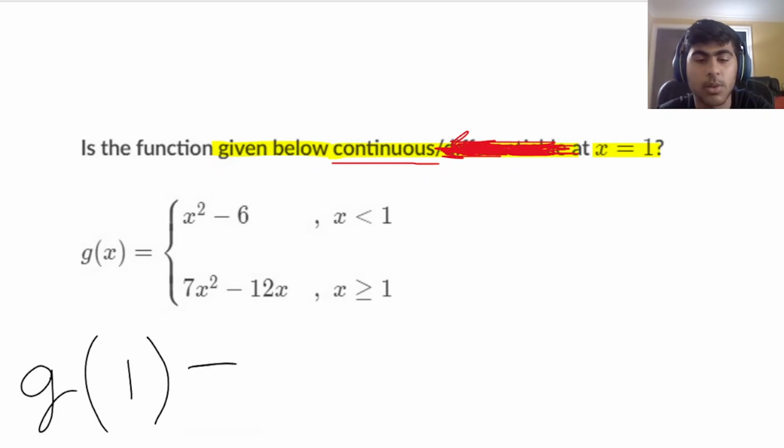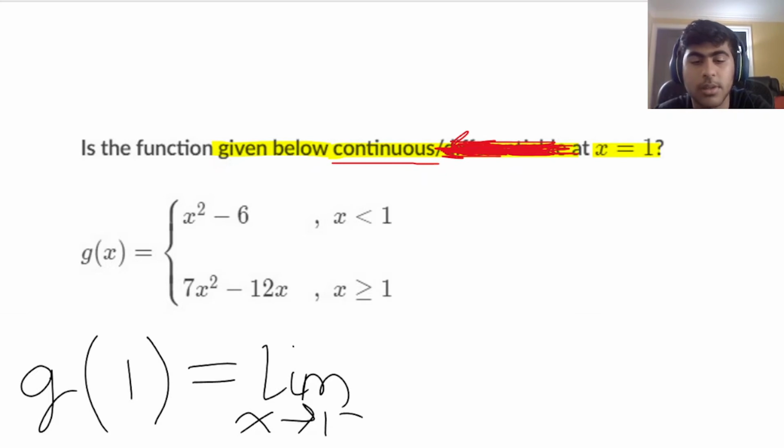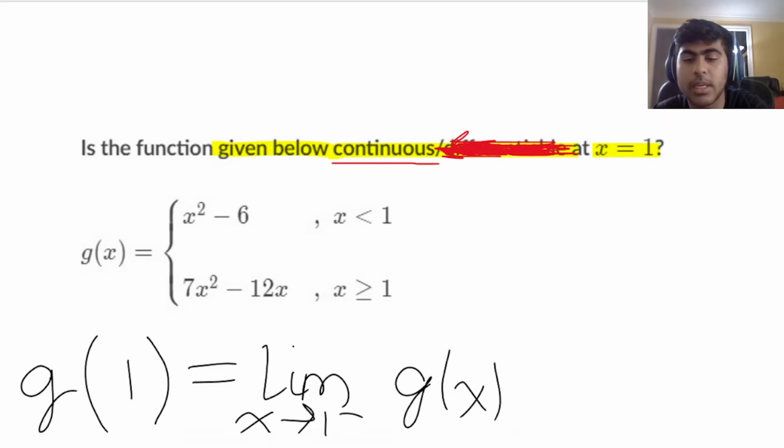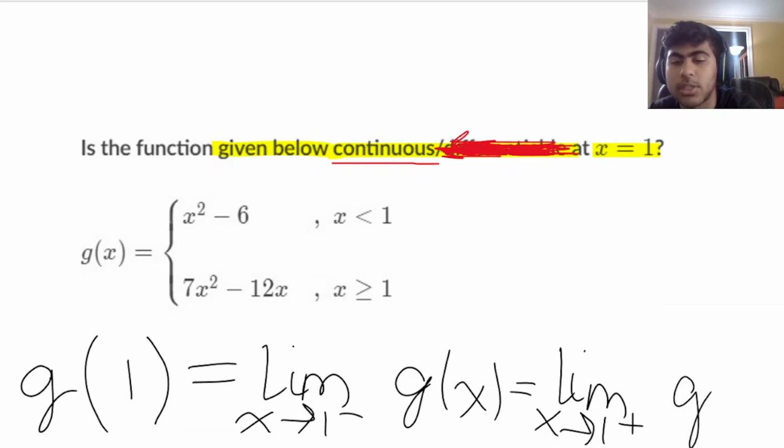That has to be equal to the limit as x approaches 1 from the negative direction of g of x. And that to be equal to the limit as x approaches 1 from the positive direction of g of x.